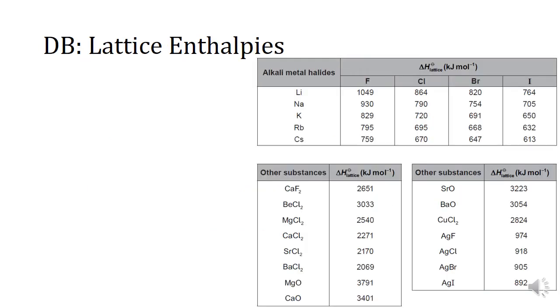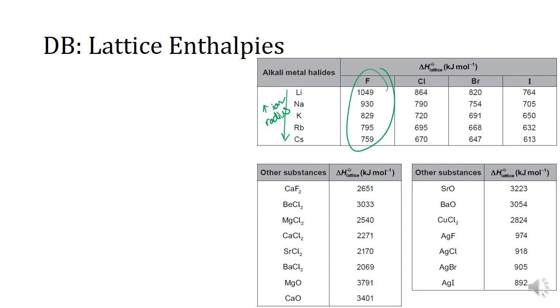So let's use this table from the Databook. This is a direct screenshot from the Databook to talk about what I was describing on the previous slide. So as I go from lithium down to cesium, I'm talking about an increase in ionic radius. And what is happening to the lattice enthalpy with fluorine?